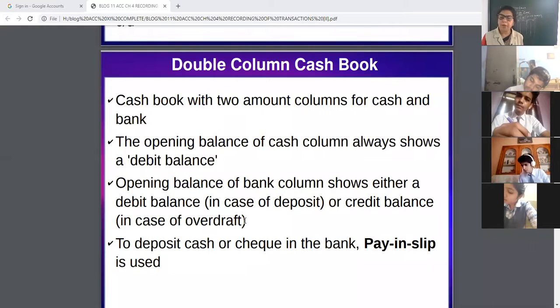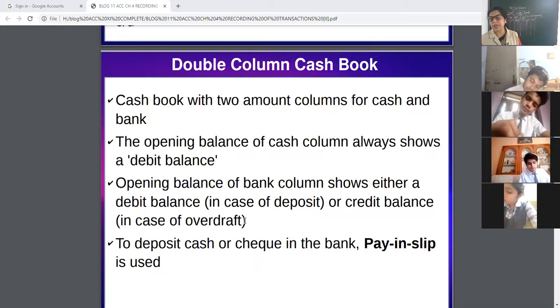Overdraft is a type of loan which banks provide to current account holders. They can withdraw more than their deposits. That is overdraft. Then to deposit cash or check in the bank, one pay slip is used.